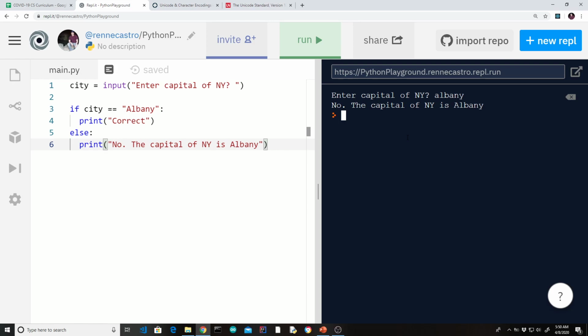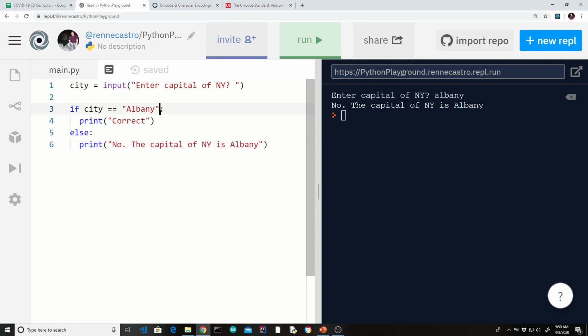And I'm going to phrase the question a little bit differently, and hopefully you can pick up on the word that I'm using. So if city is equal to Albany with a capital A, or city equal to Albany with a lowercase a, then the answer is correct.